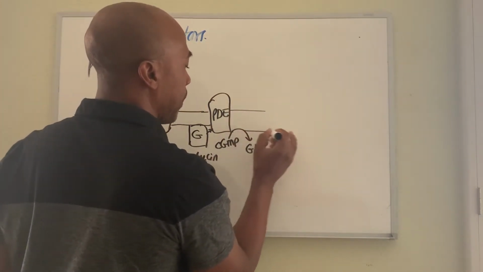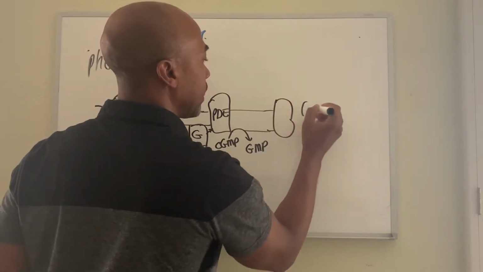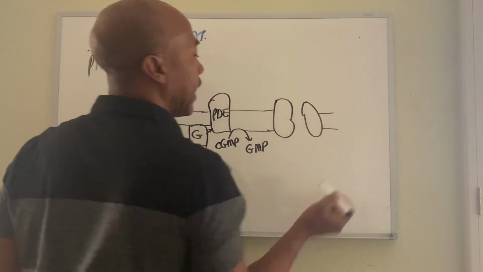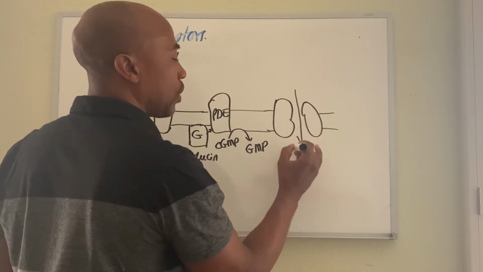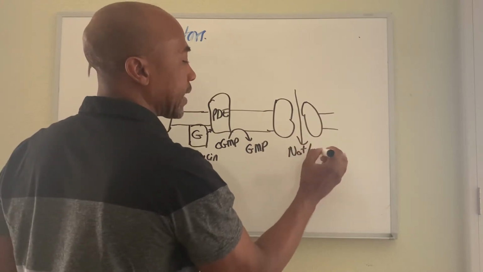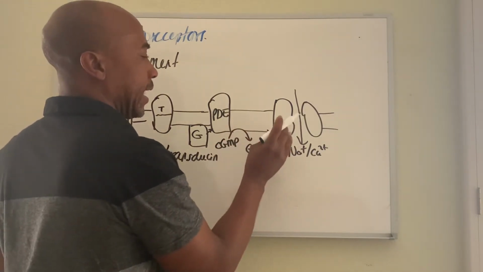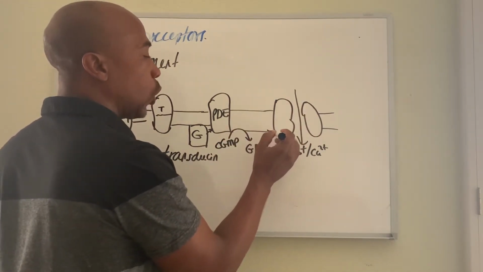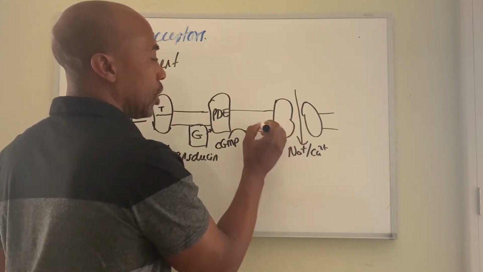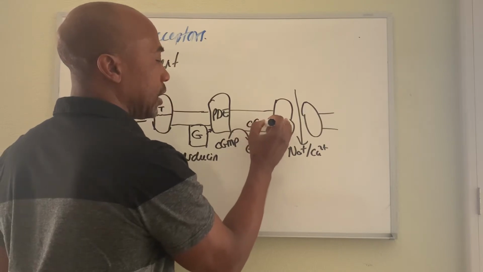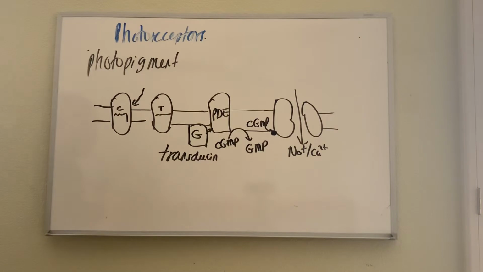So in the cell membrane as well, you have ion gates. And these ion gates will let in sodium and calcium. And the gates are held open only when cGMP is bound to them. cGMP must be attached to the gate to open that ligand-gated channel.